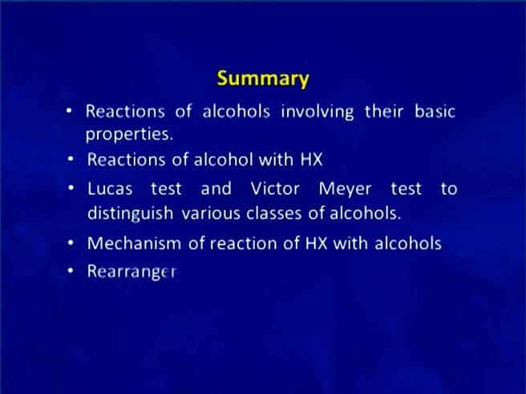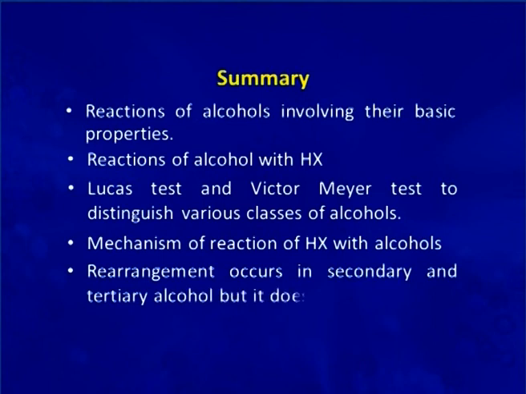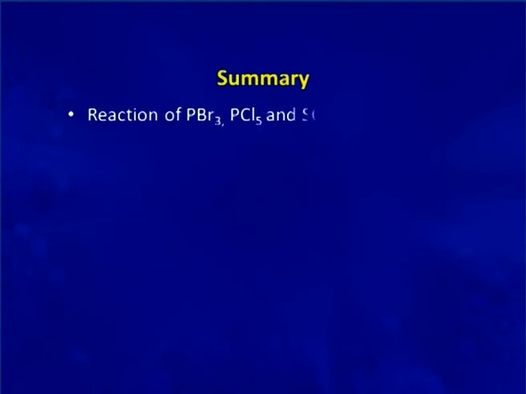We have seen that rearrangement occurs in case of secondary and tertiary alcohol, but it does not occur in case of primary alcohols. We have also discussed the reaction of phosphorus tribromide, phosphorus pentachloride and thionyl chloride with alcohol. We have also discussed the substitution nucleophilic internal which involves thionyl chloride.